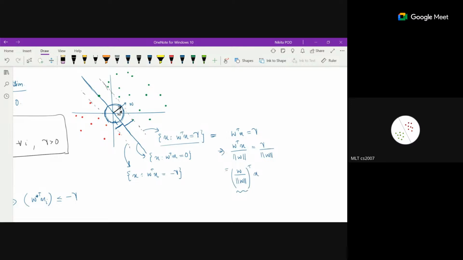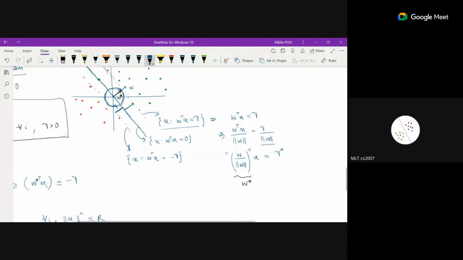And the right side is gamma by norm of w, which I can call some gamma star. So what we got is w star transpose x is equal to some gamma star. So the distance between the dotted line and the solid line is actually gamma star.